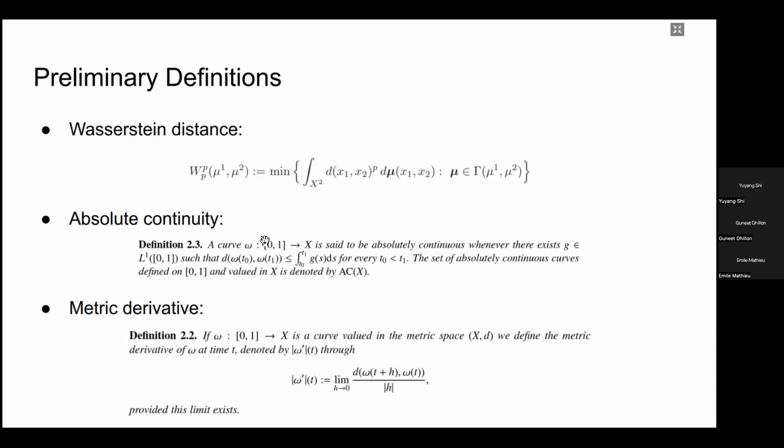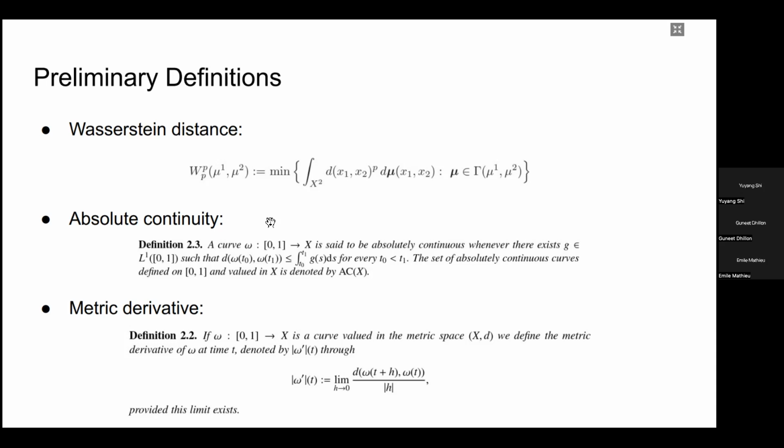And so here, later they cited a theorem that is concerned about curves, where the elements of each curve would be a measure, and this distance will be this Wasserstein distance.